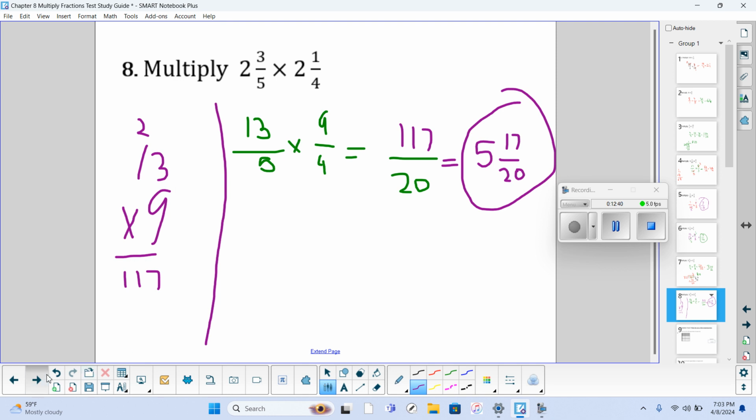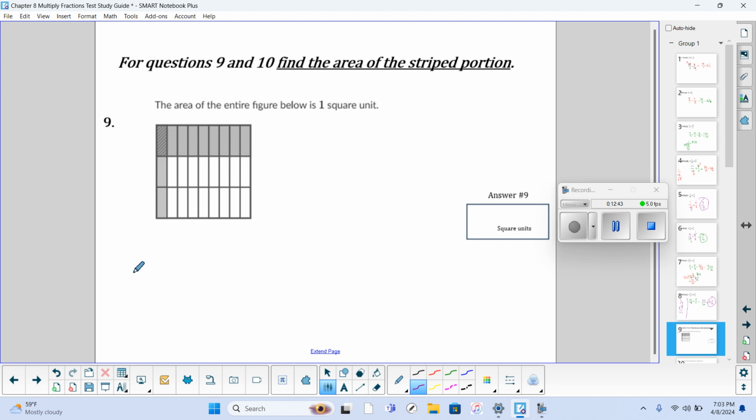So, number 9. All right, these I expect to be a little bit of a, I want to spend some time on these. First of all, it's asking for the area of the striped portion.